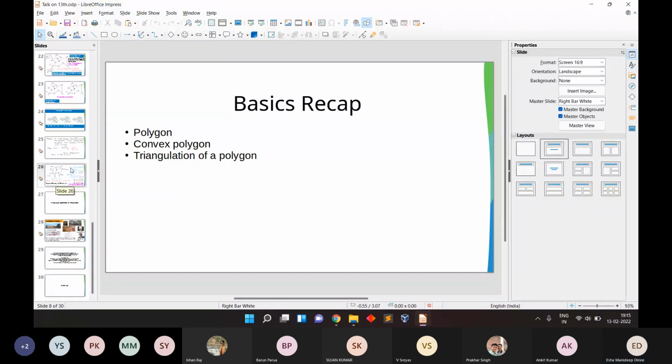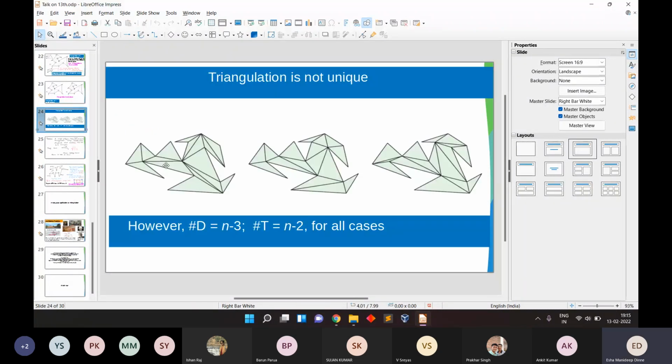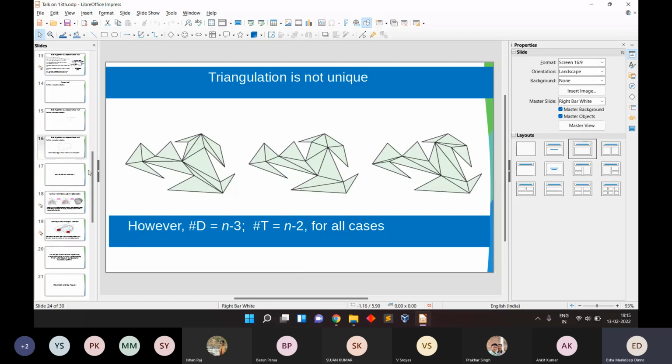Okay, so this is a triangulation of a polygon. The whole thing is a polygon, and you need to divide it into triangles by drawing diagonals. That's called triangulation. It is very useful in some other applications, so we'll be discussing triangulation of a polygon too.